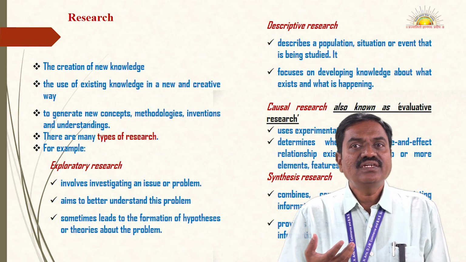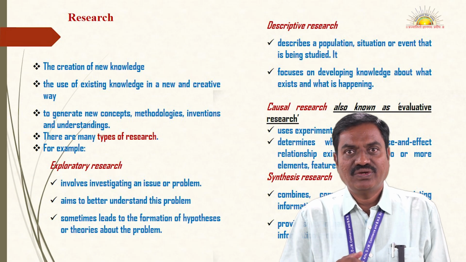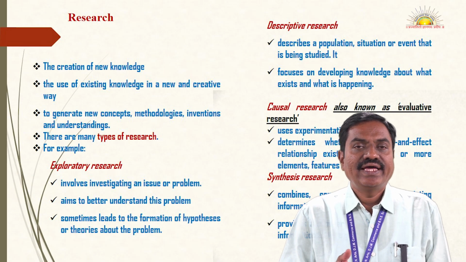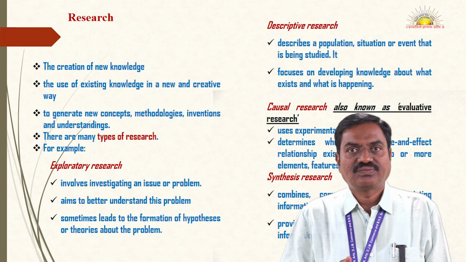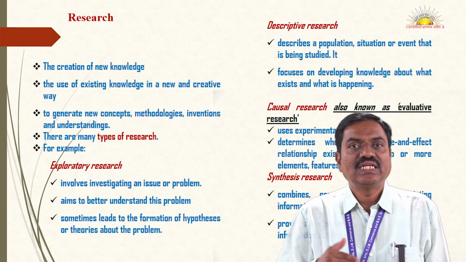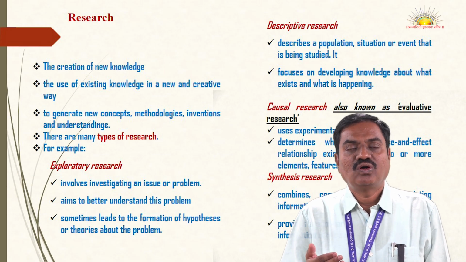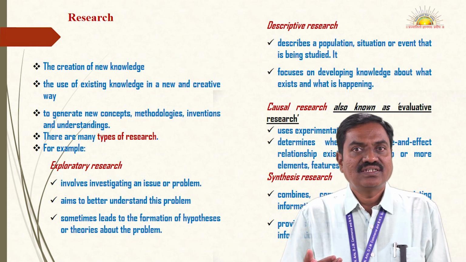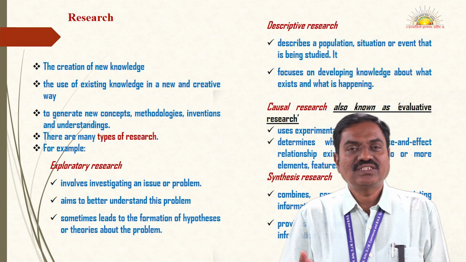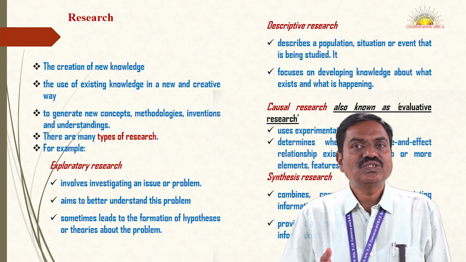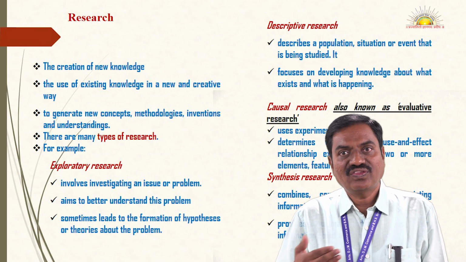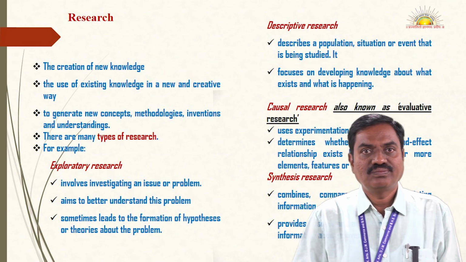There are many types of research. For example, we can talk about exploratory research, which involves investigating an issue or problem. It aims to better understand this problem and sometimes leads to the formation of hypotheses or theories about the problem.